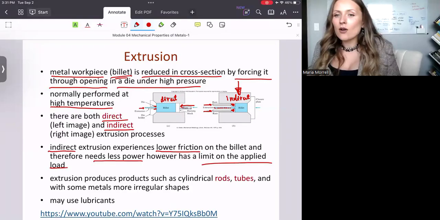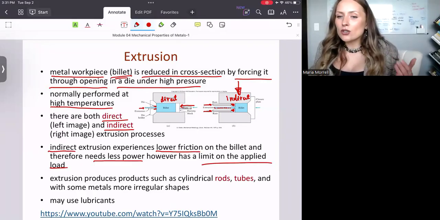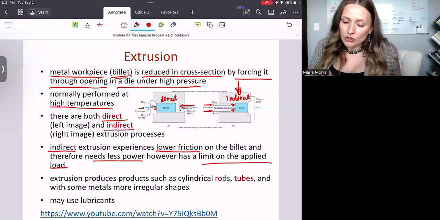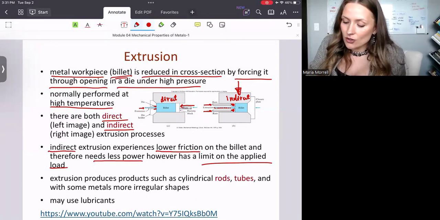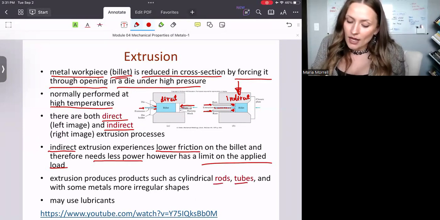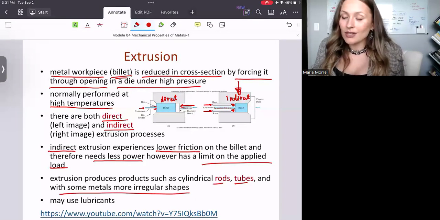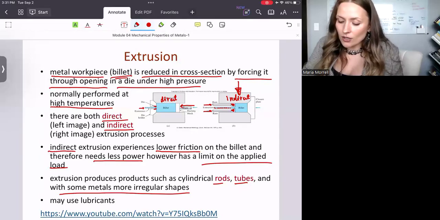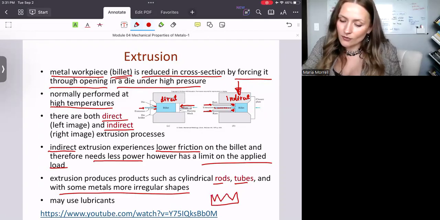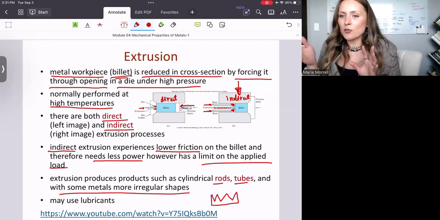Okay. Now, we usually use extrusion when we would like to produce such products as cylindrical rods, tubes, and it could be metals with some irregular shapes. I'll give you an example. Let's say you need a metal that has a shape like, okay, well, you guys get the point, right?